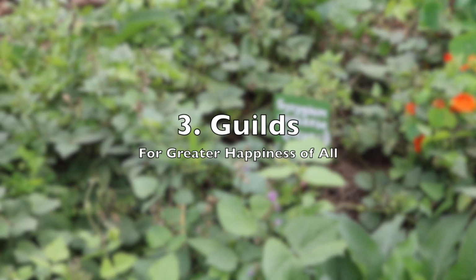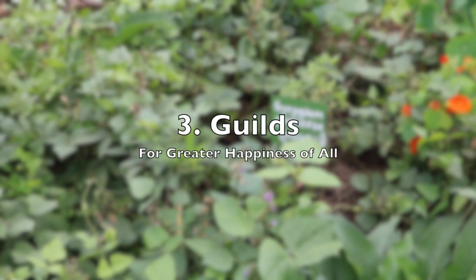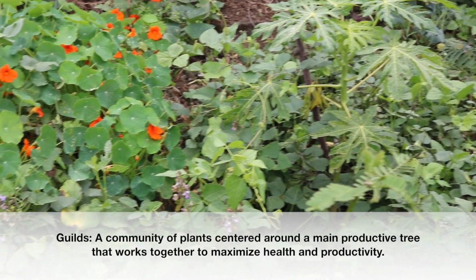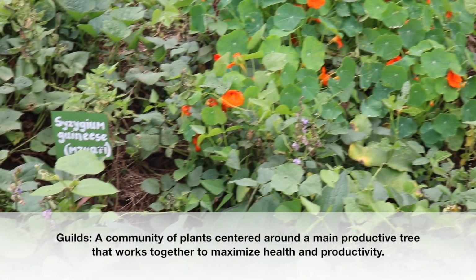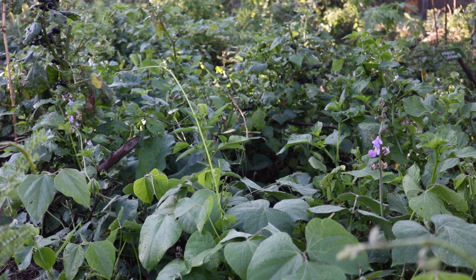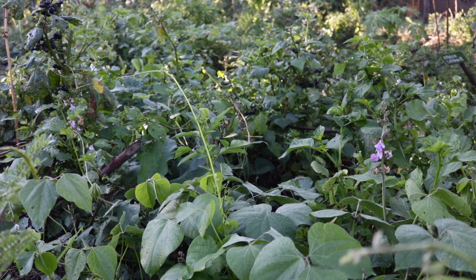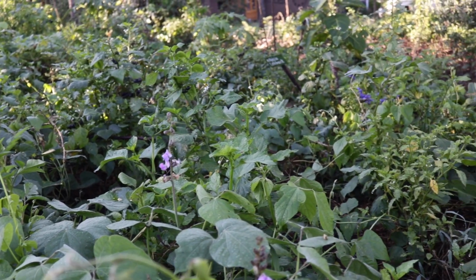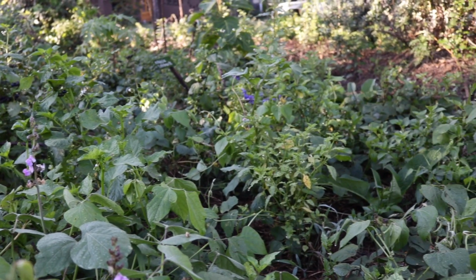In this particular guild, we have nasturtium, which is a dynamic accumulator, but also a plant that attracts beneficial insects. There's beans, which are flowering, which serves a dual function of attracting pollinators, but is also useful for bringing nitrogen into the soil.